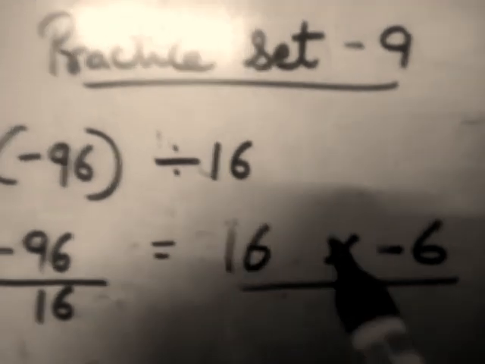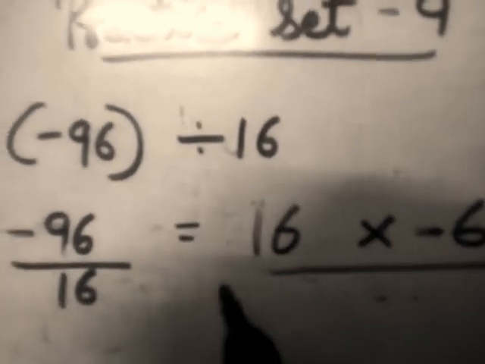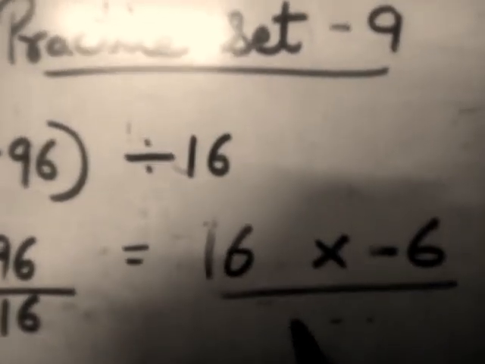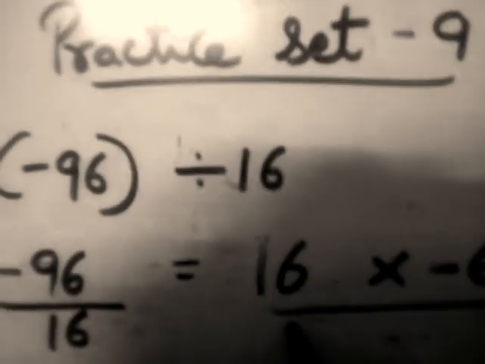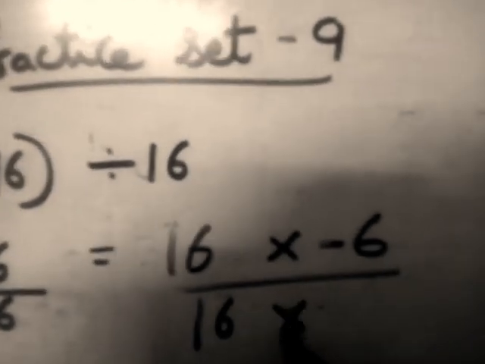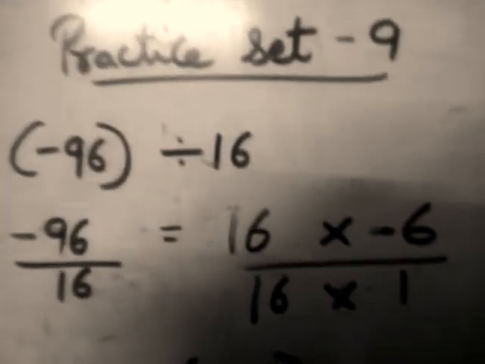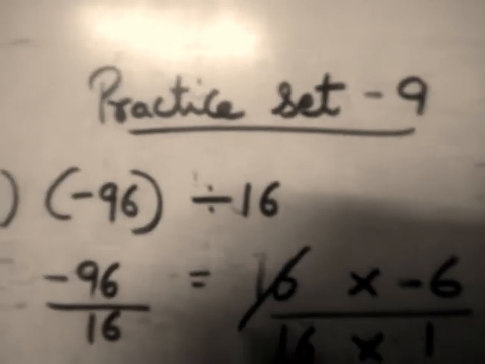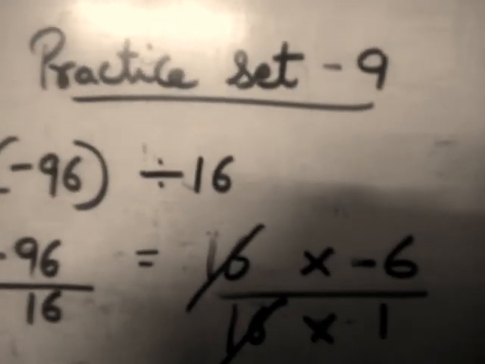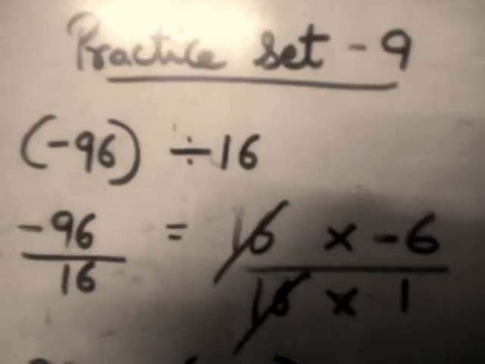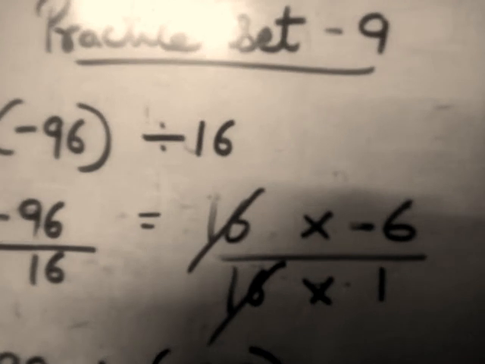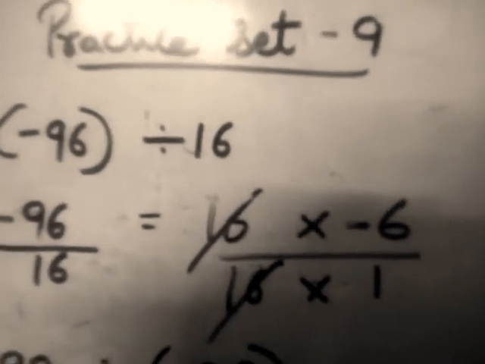If it is the 16 table, then in the denominator also you have to take the 16 table. 16 ones are 16. So cancel this 16 and 16. After cancellation, the answer is 1, because 16 divided by 16, your quotient is 1. That's why you do the cancellation method.